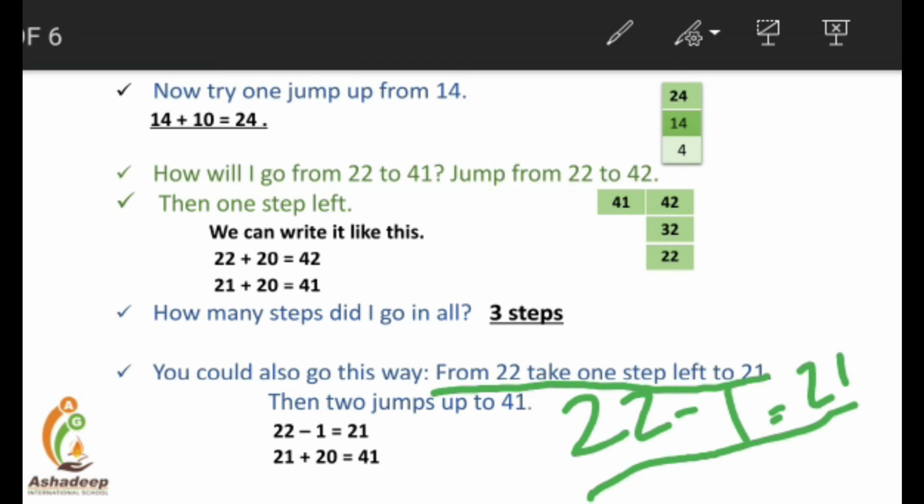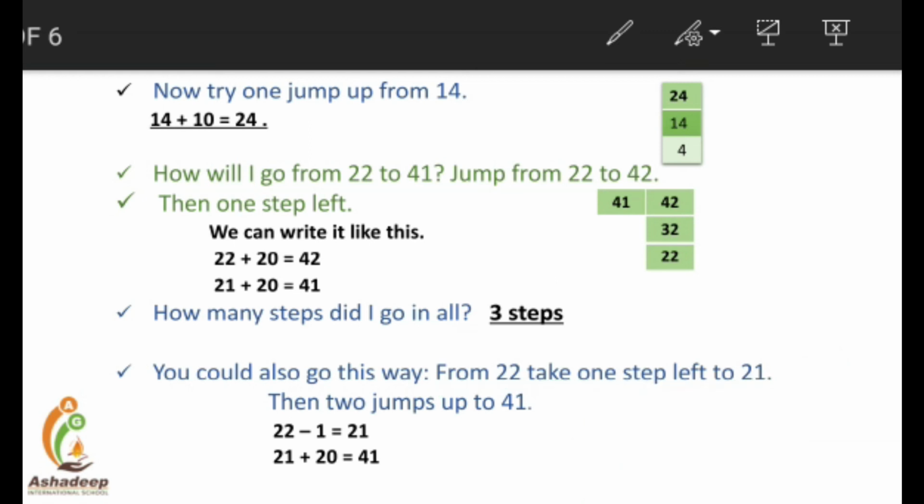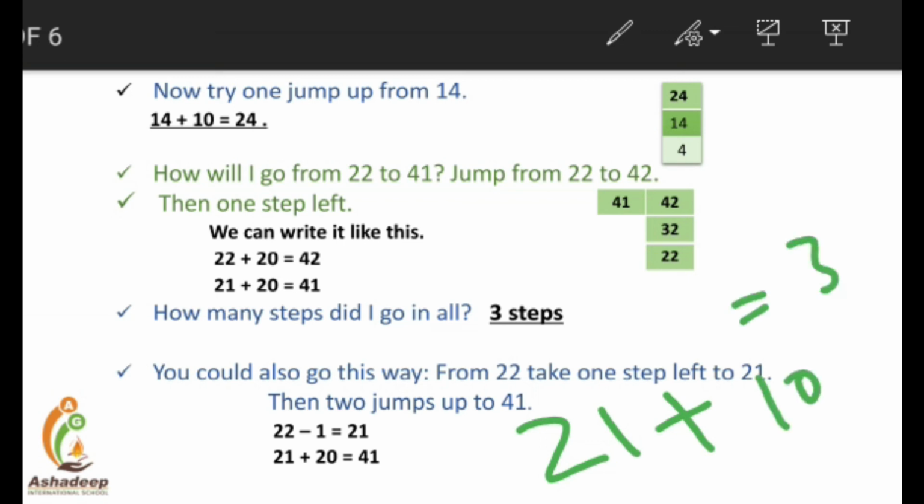The next thing is then 2 jumps up to 41. 2 jumps up to 41 means 21 plus 10 gives 31, and again 31 plus 10, so we get 41. We are making 2 jumps of tens to reach 41, right?